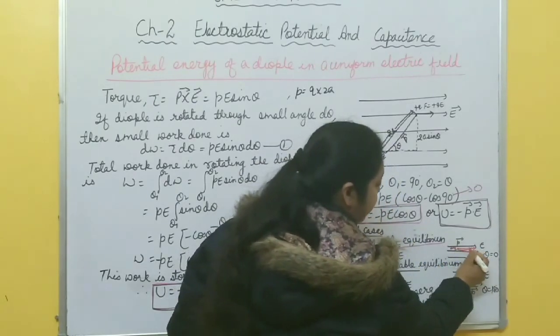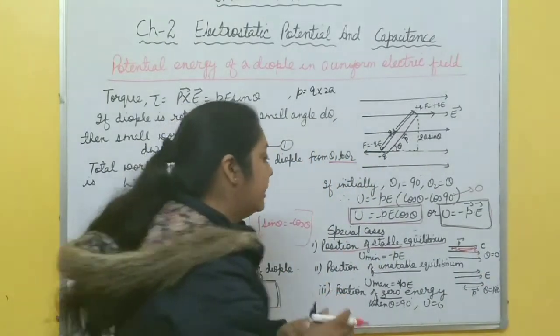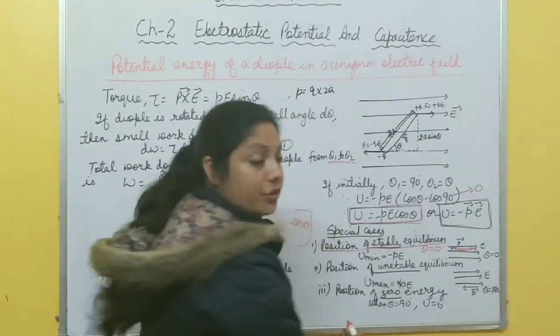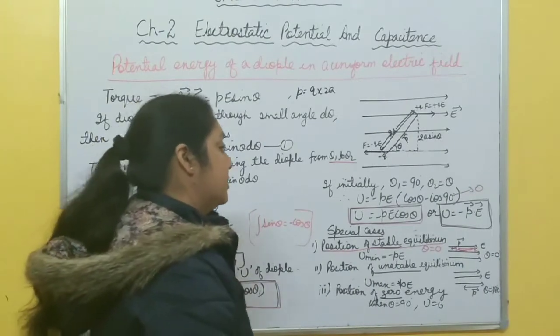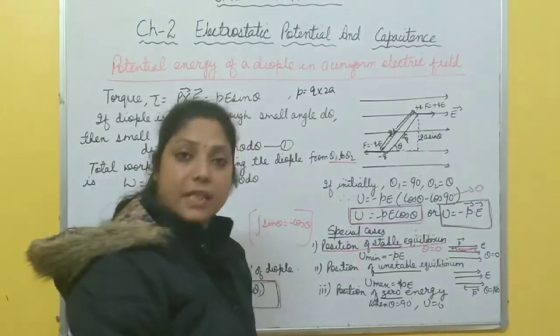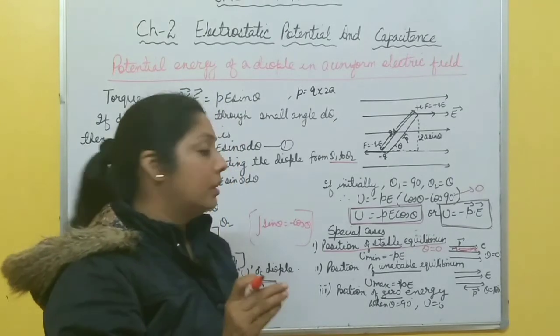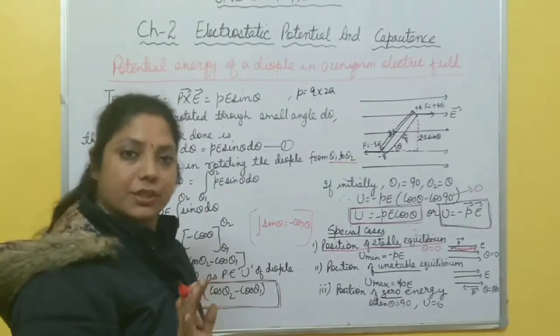So the dipole moment and electric field are in the same direction, right? Now theta is 0, and cos 0 is 1, so U minimum becomes minus PE. So this is the position of stable equilibrium, when potential energy is minimum and both electric field and dipole moment are in the same direction, right?